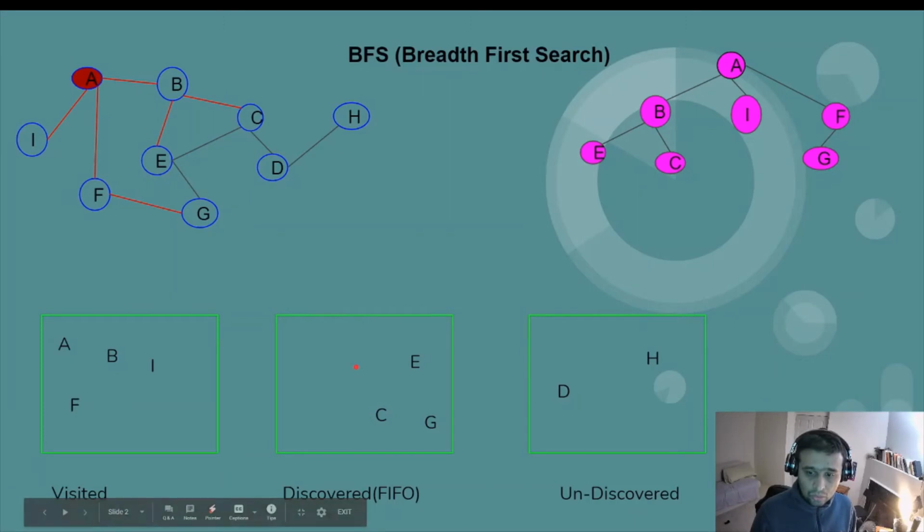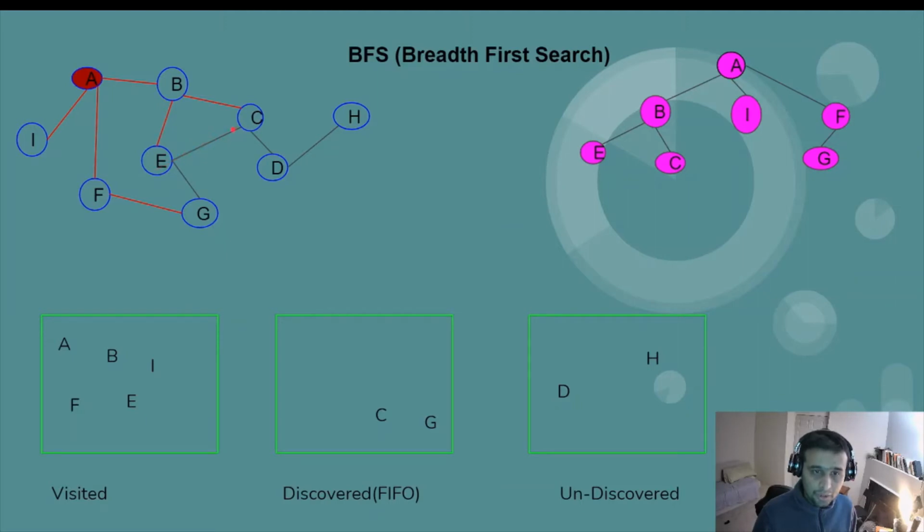Now E was the vertex which first came in discovered area among E, C and G. Hence E was transferred to visited. And if you see E, there are three vertices which are neighbor to E. One is D, which is already visited.